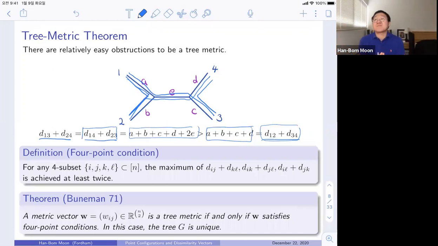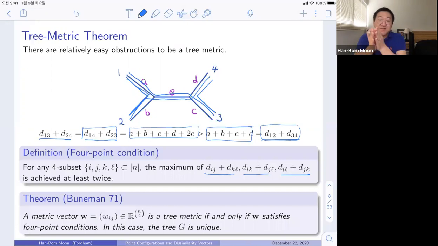This is true for any choice of four leaves on our tree with n leaves. So this provides a 4-point condition: for any four-subset ijkl in the set of leaves, we compute these three numbers. Then the maximum of these three numbers is achieved at least twice. Unfortunately, this is not in the classical sense an algebraic condition, because it deals with the condition that the maximum is achieved twice.